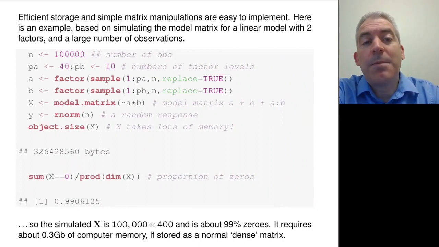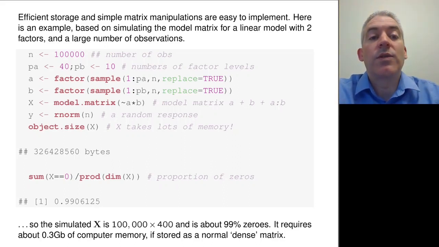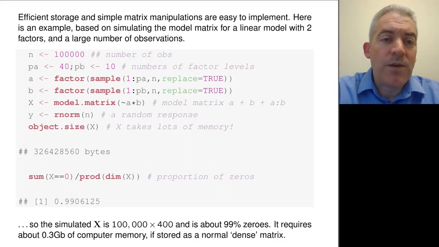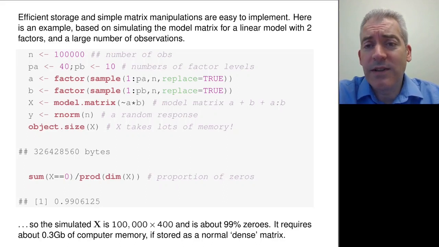So let's have an example of where sparse matrices can crop up in statistics. Here we're thinking about a simple little regression problem, but we've got 100,000 observations. We've got two factors, one of which has 40 levels and the other of which has 10 levels. That doesn't sound like a crazy big problem.